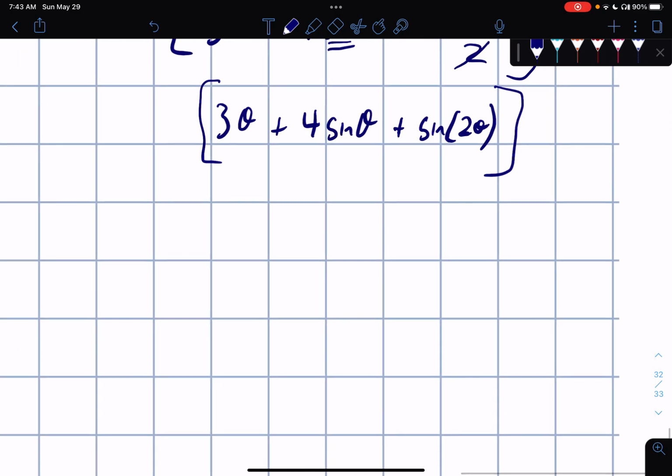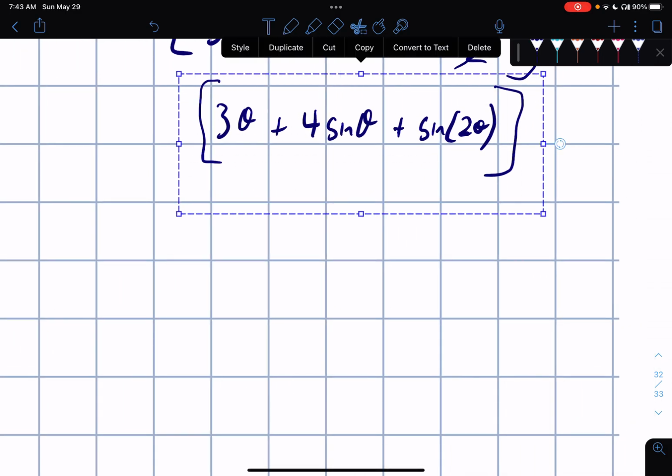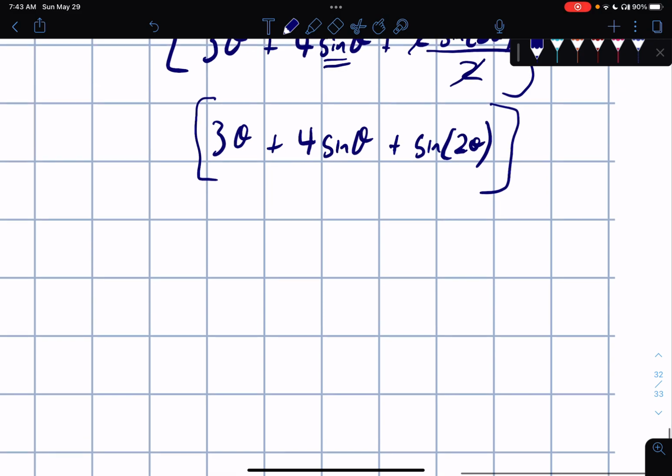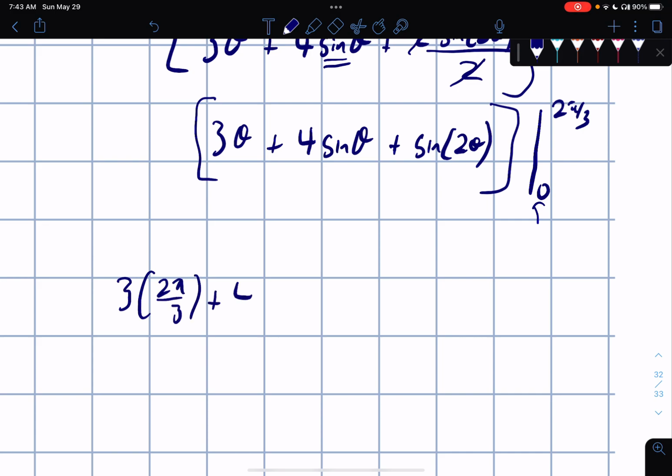Okay, so let me just copy this. That's saved. So we said from 0 to 2 pi over 3. Notice that at 0, everything turns to 0. So let's just plug in 3 times 2 pi over 3, plus 4 sine of 2 pi over 3 plus sine of 4 pi over 3.